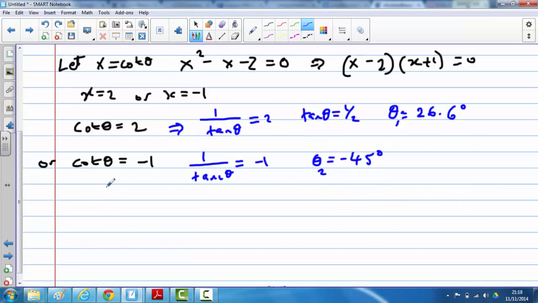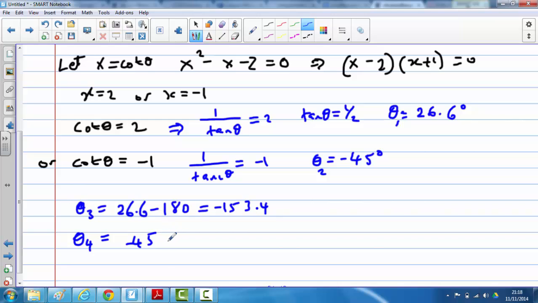So since tan theta has a period of 180, other solutions can be found by subtracting 180 from these values here. So we can do theta 3 equals 26.6 take away 180, which gives us minus 153.4, or theta 4 equals minus 45.